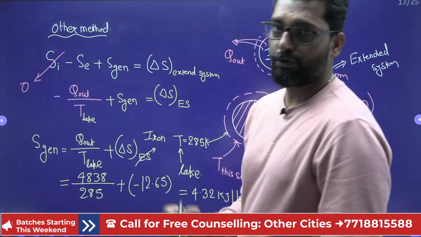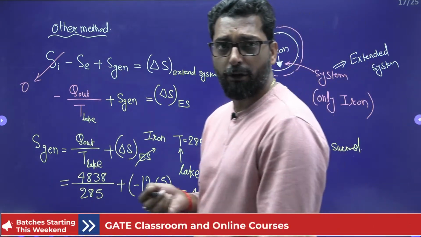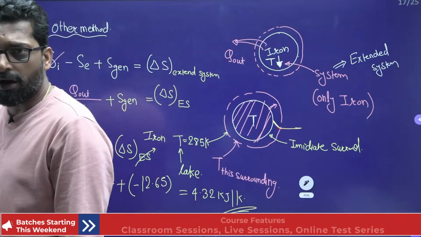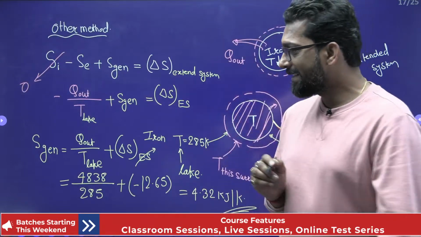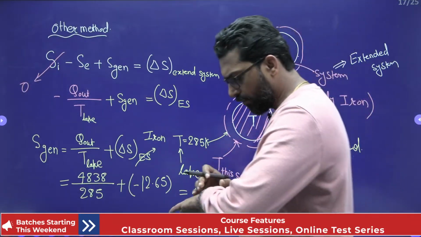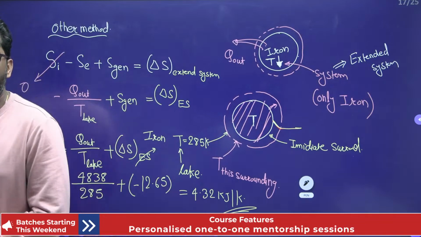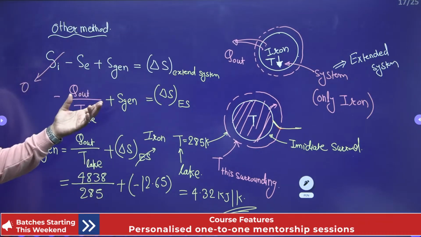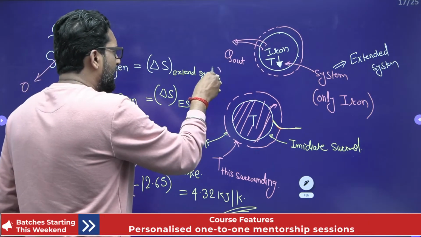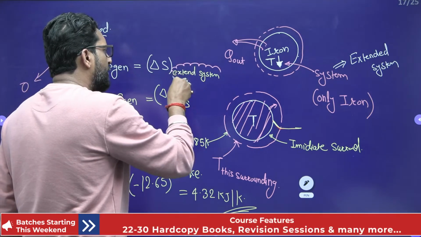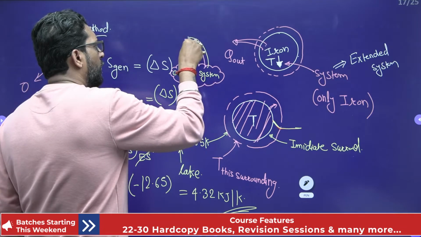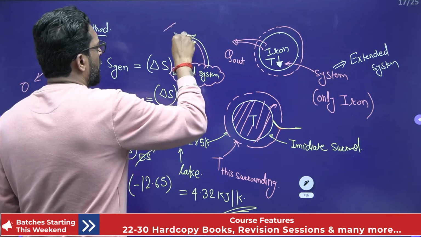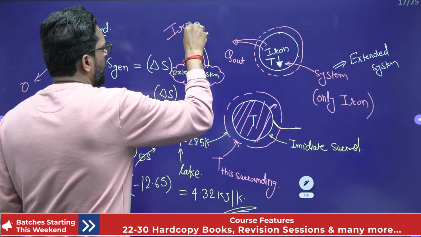This is the beauty: you can solve this question in this manner also. This is the beauty of this question, how to tackle it and how to draw. In the extended system, the system is iron only, so don't confuse.